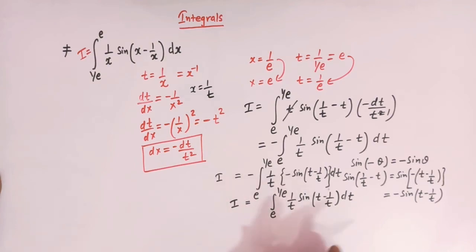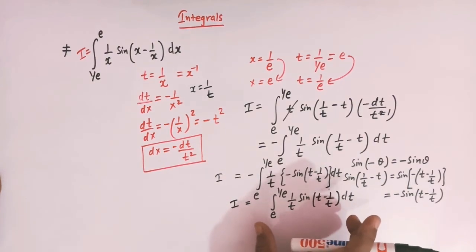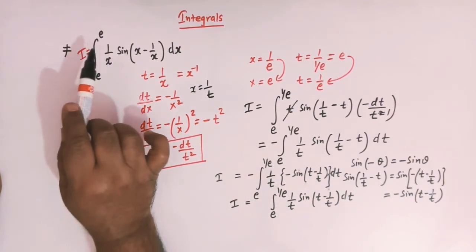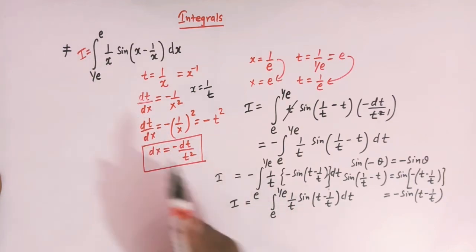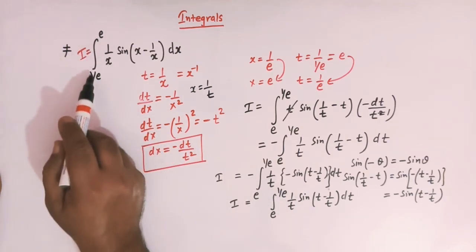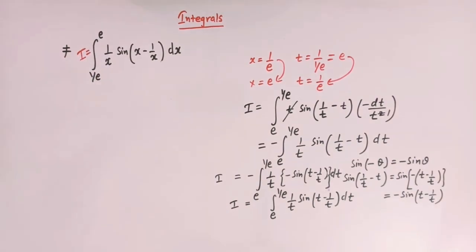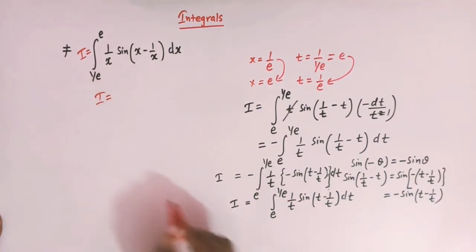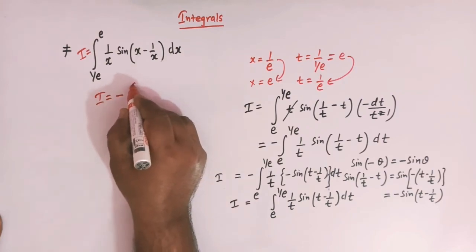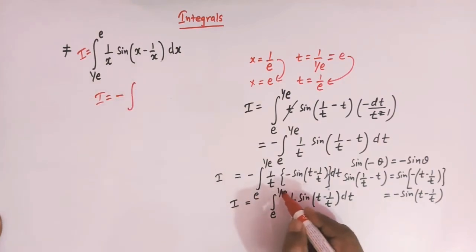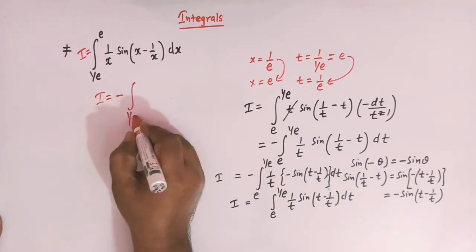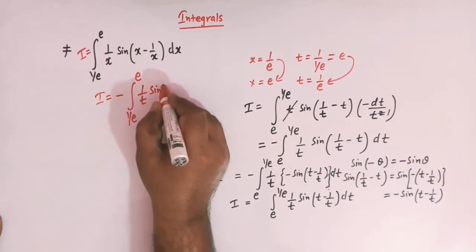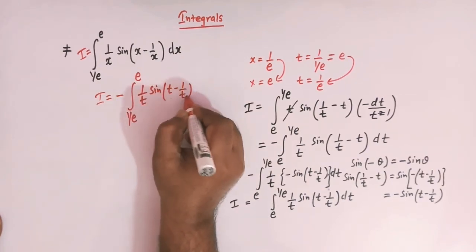Now if we compare this integral with the original one, we see that this integral is similar, except the limits are interchanged. So we can interchange the limits. We have I is equal to a negative, the integral from 1 over e to e of 1 over t sine (t minus 1 over t) dt.